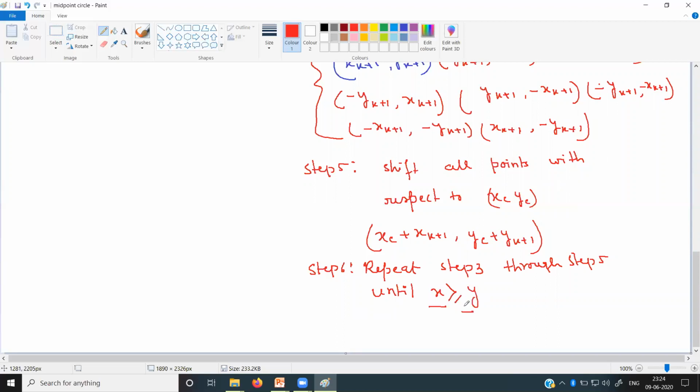Now what is x? The x is this part and this y is this part. So until this x value is greater than or equal to y, we have to repeat it.